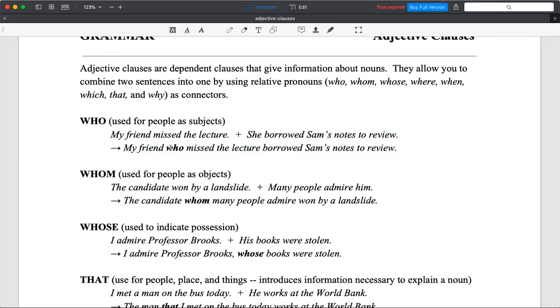This part of the sentence is the second sentence that you changed. Instead of she borrowed Sam's notes, you put it right after the noun that you're describing. You're describing your friend, so you put the adjective clause you created, who missed the lecture, right after it. This is an adjective clause.